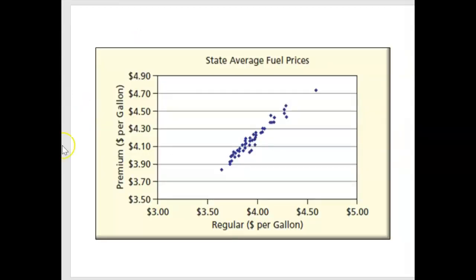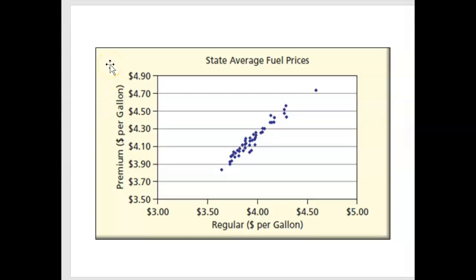So here's an example from the textbook, and the two variables are state average fuel prices, where one fuel price is regular gas, that's on the horizontal axis, and the other fuel price is premium gas, which is on the vertical axis.